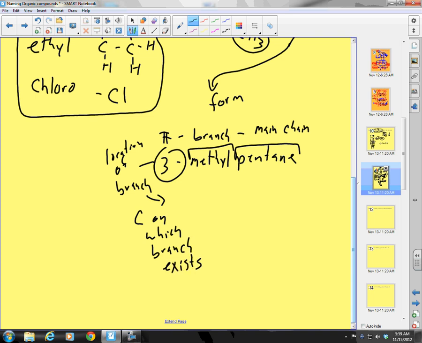And so how do we go about doing this? First thing we do is we write our pentane. 1, 2, 3, 4, 5. Now I have to number my carbons, either left to right or right to left, it doesn't matter. On the third carbon right here, I put a methyl. What is a methyl?